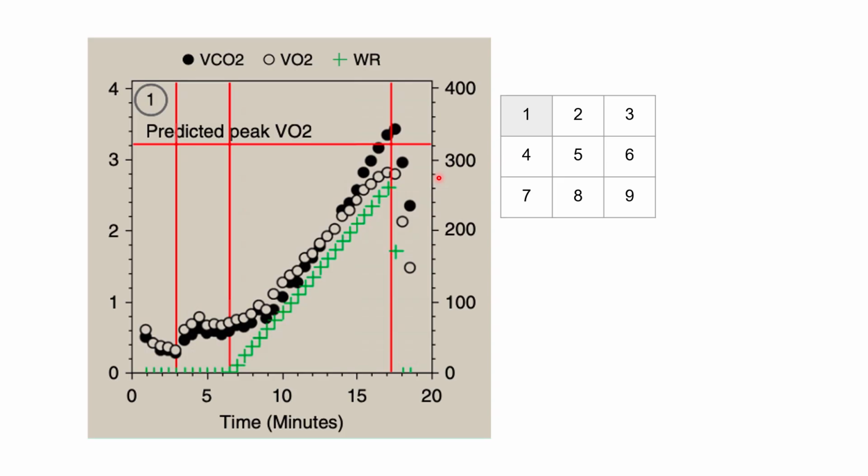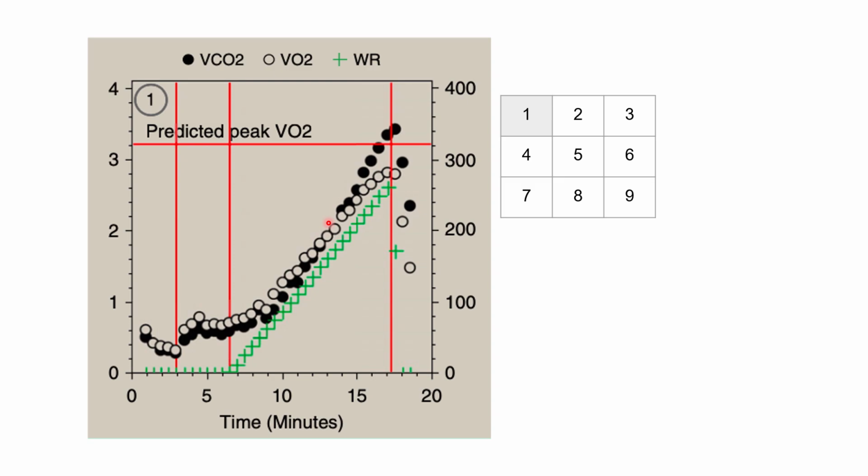The volume of carbon dioxide we produce closely correlates with the VO2, but does show specific patterns below and above the anaerobic threshold. Below the anaerobic threshold, which is roughly here, the volume of carbon dioxide produced increases at about the same rate as the volume of oxygen consumed, or the VO2.